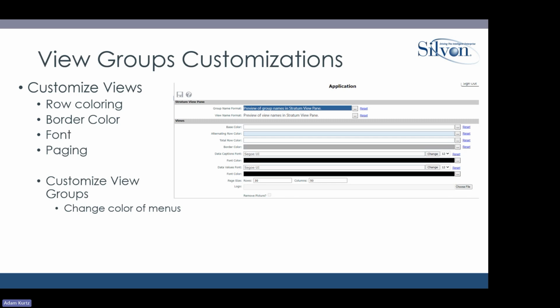Also for the views, similarly, you can go in and select the row coloring that you'll have as a default within the views. You can provide border coloring, data caption, formatting, font selection and color. And then down below, you can see the page size. You can change that at a global level.